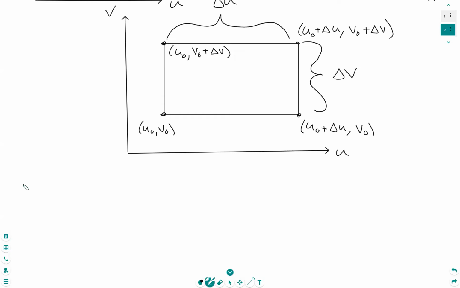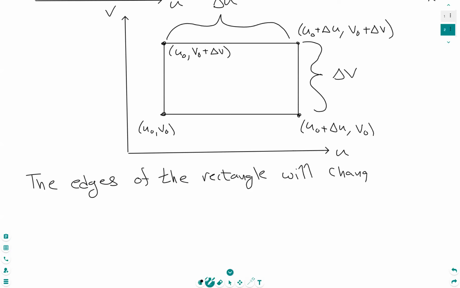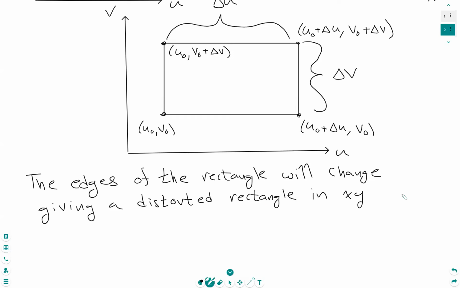So the edges of the rectangle will change, giving a distorted rectangle in XY space.